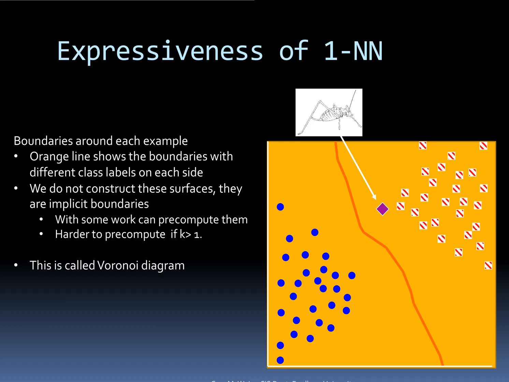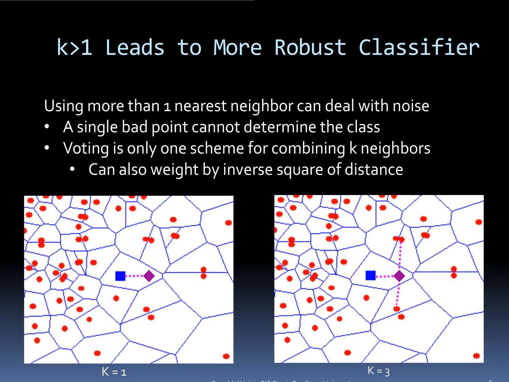While you can pre-compute these boundaries with effort, it becomes complex if k is greater than 1. This diagram visually demonstrates how the 1NN model classifies data by defining regions where each class dominates, highlighting the model's adaptability in capturing intricate data patterns. Using more than one nearest neighbor, as shown here, can create a more robust classifier.